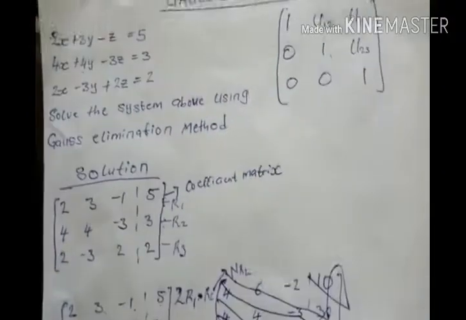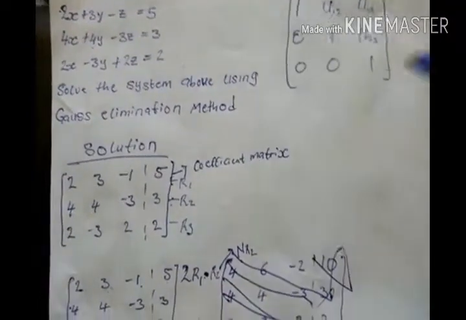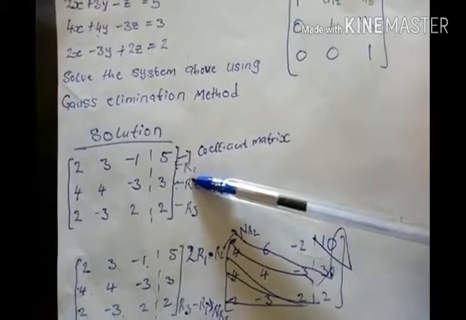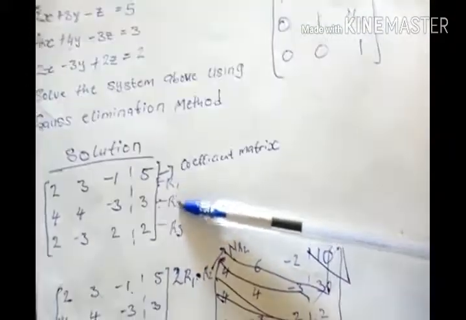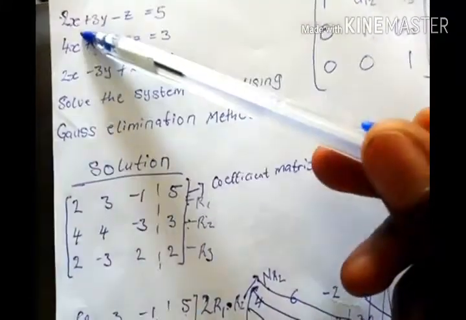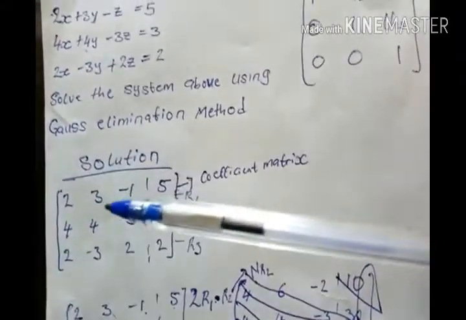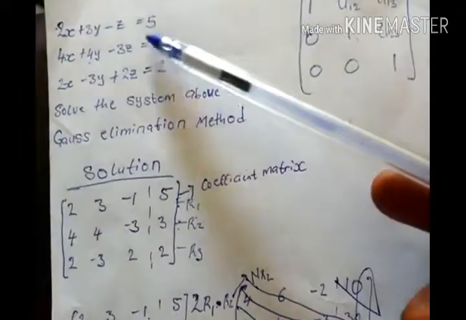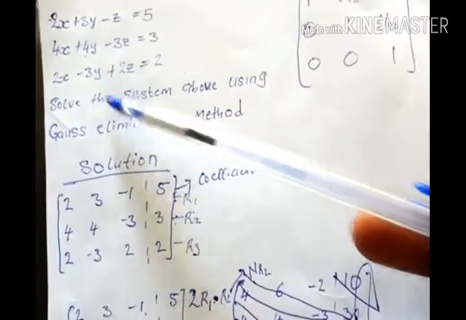Solution. The question I have above is what I put here. Come with me. The 2, 4, 2 for x, 2, 4, 2, 3, 4, minus 3, 3, 4.